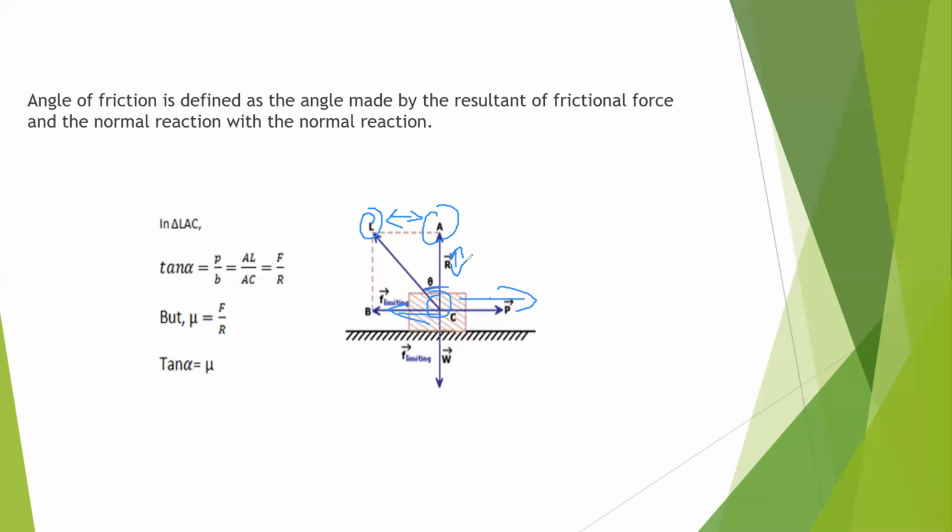AL is nothing but the force F, and AC is the normal reaction R. Therefore, we know that mu is equal to F by R. Therefore, tan alpha is equal to mu. So this is the angle of friction. We should know what the angle of friction is and how it is denoted, right?